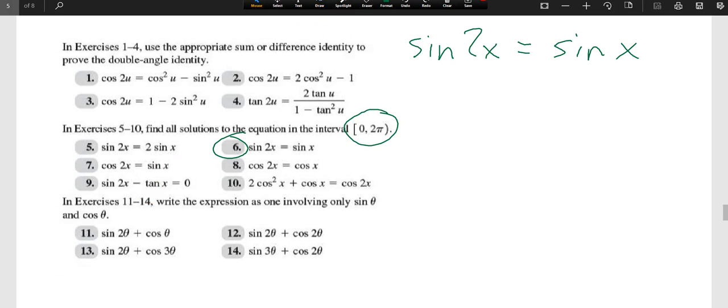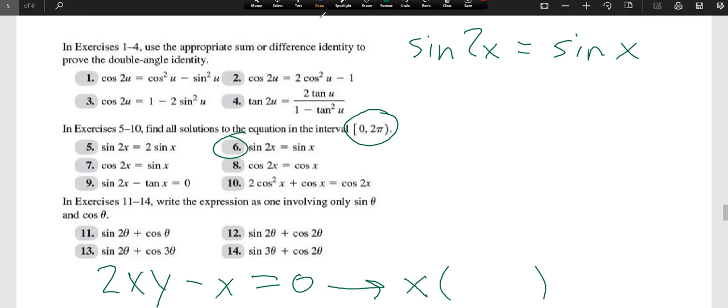add. In Algebra 2, if it said something like this, I'll try to draw it towards the bottom of the screen, 2xy minus x equals 0. Would you know how to factor something out of the left side? If you would take out an x, what would you be left with in the parentheses equal to 0? 2y minus 1.